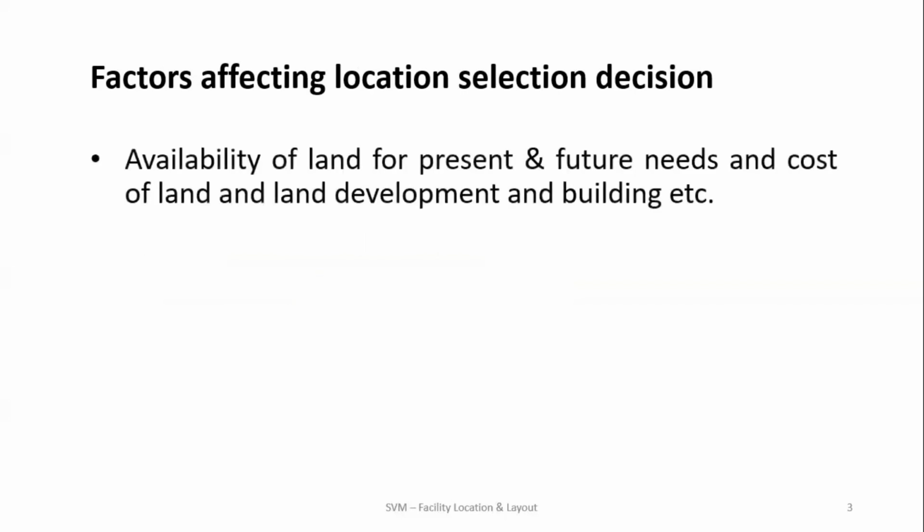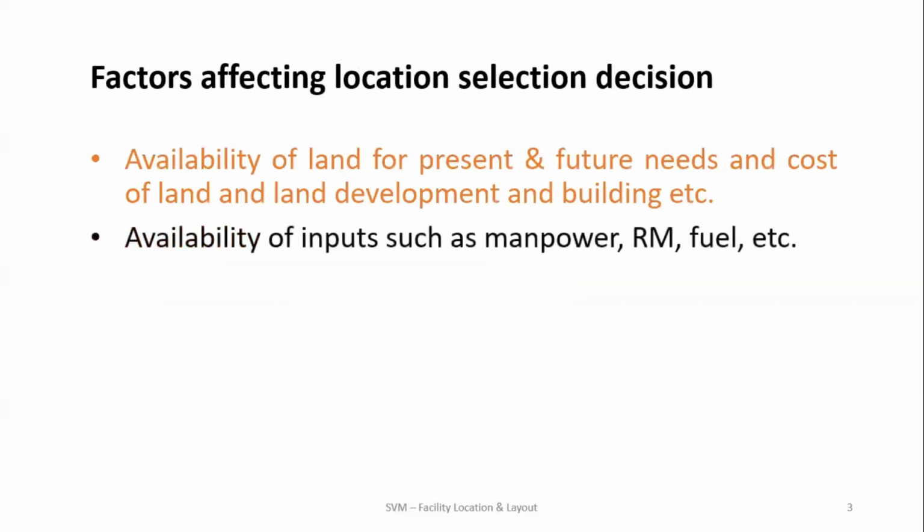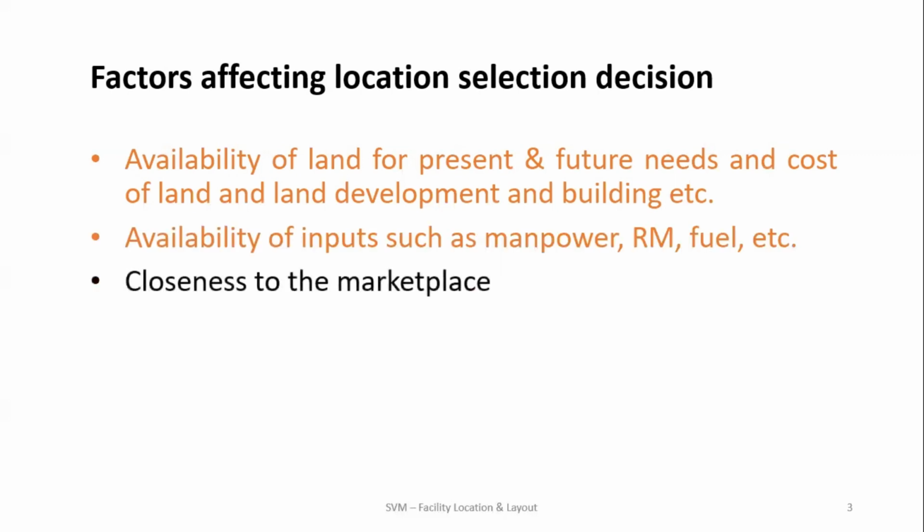What are the different factors which affect selection of a location? So your location decision, how do you take it? What are the factors we need to look into? Availability of land for the present and future needs, and cost of land, land development and building, etc. Availability of inputs such as manpower, raw material, fuel and other things should be easily available.